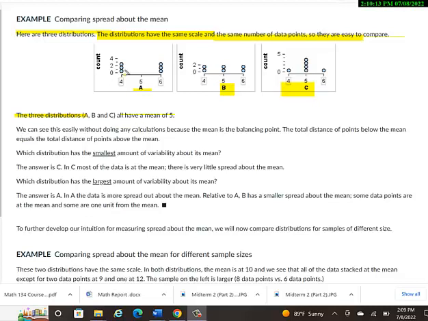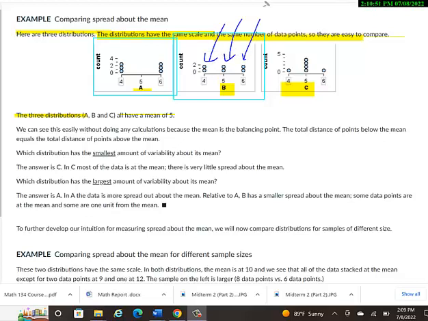Notice in the leftmost one, plot A, there are 3 dots at an x value of 4, and then there are 3 dots at 6. Of course, if you have an equal number of dots at 4 and at 6, they average to be right in the middle, which is 5. In plot B, there are 2 values at 4, 2 values at 5, and 2 values at 6, but they still average to 5, which makes sense.